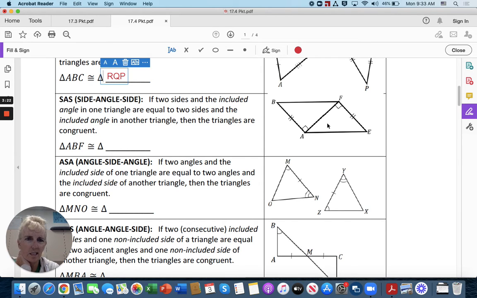So we see that this side is congruent to this side, this angle is congruent to this angle, and this side is congruent to this one, the angle in between is congruent, and then FA is congruent to AF because it's the same one. So that ABF is congruent to FEA.